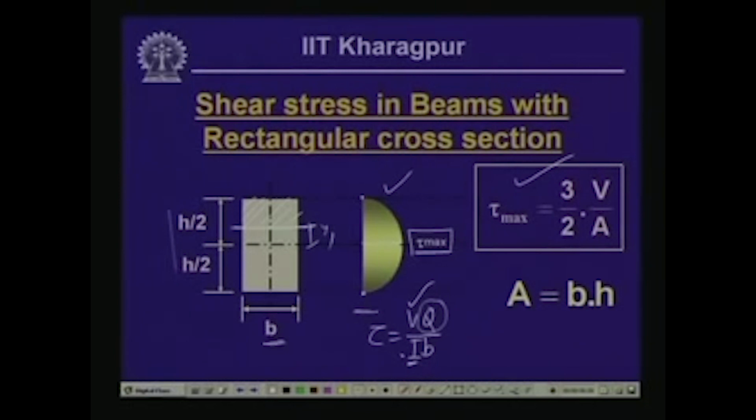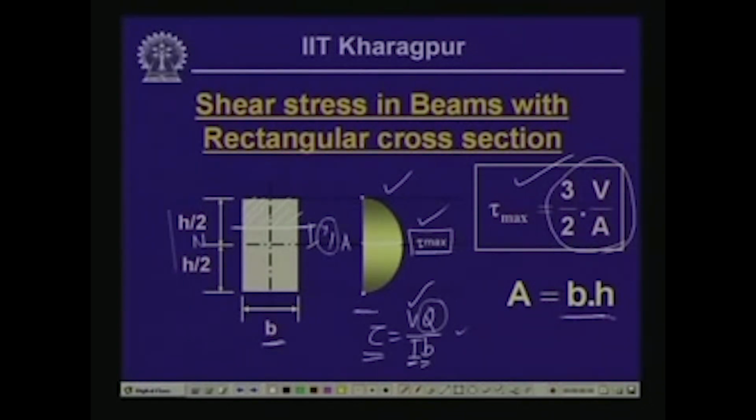I is the moment of inertia of the cross section with respect to the neutral axis, and b is the width of the section. This gives us the maximum value when y1 equals 0, which is at the neutral axis, and that is the value of tau max, and if we compute, it becomes 3 by 2 V by A.